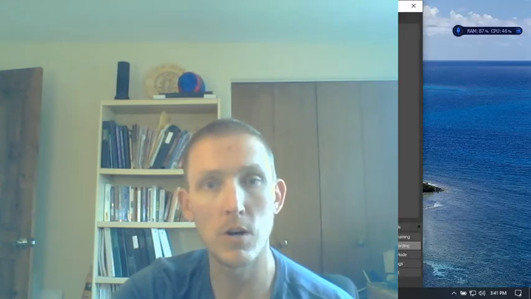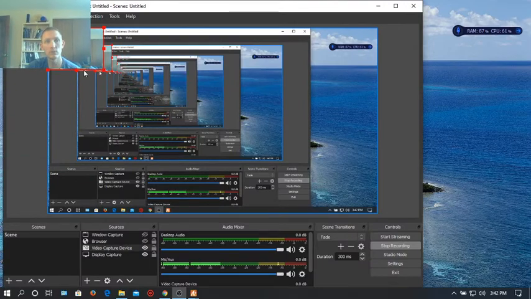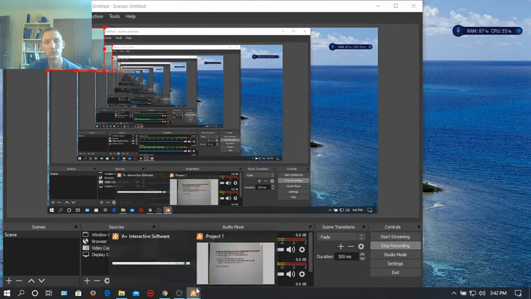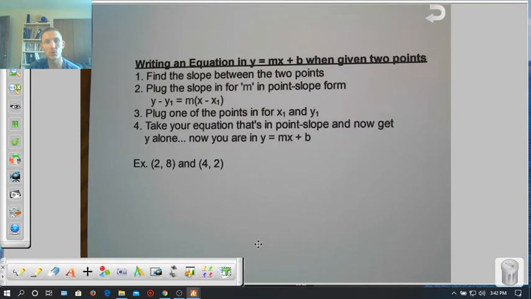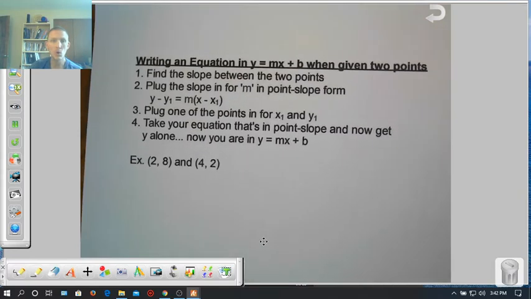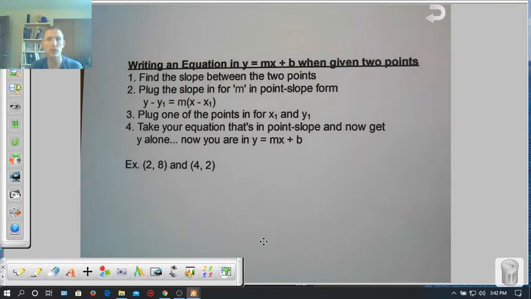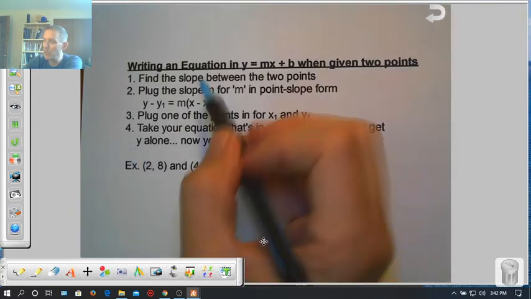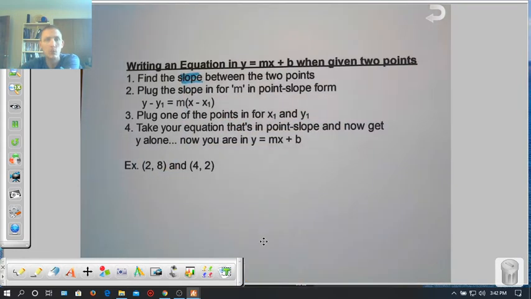I'll go ahead and turn on my background here and shrink me up in the corner and take a look at the notes that you just pulled up. So writing an equation y equals mx plus b when given 2 points. The first step, and this is the most important step no matter what when you're writing an equation, is we have to find the slope.